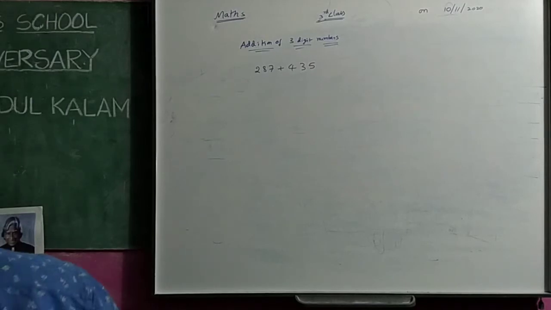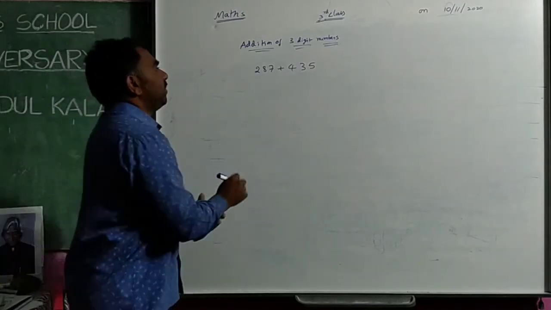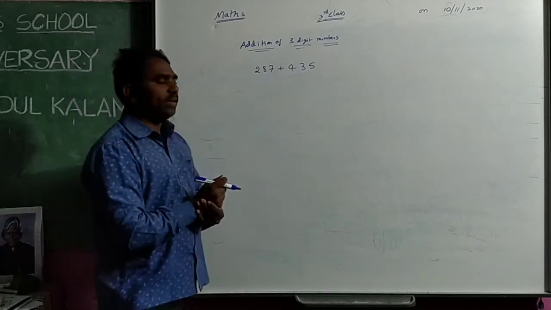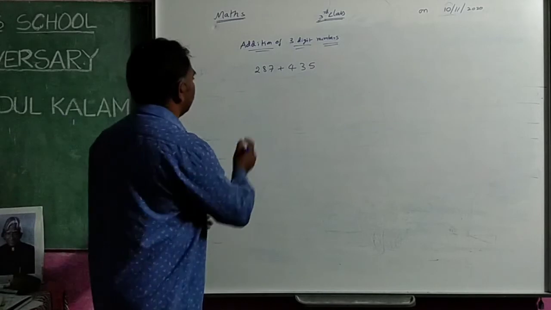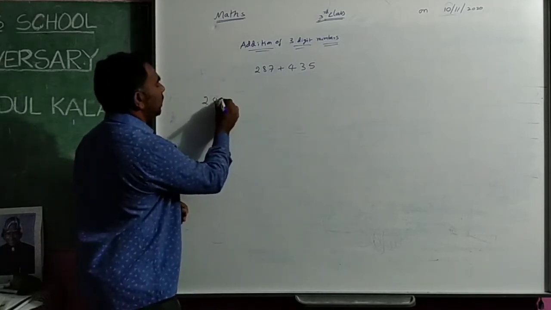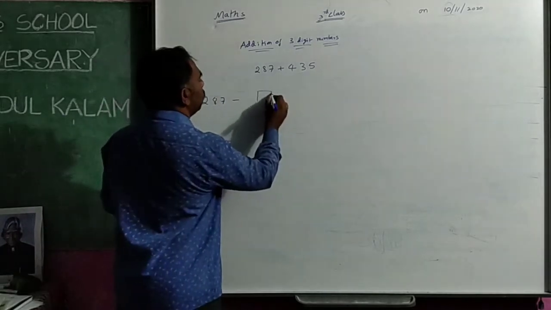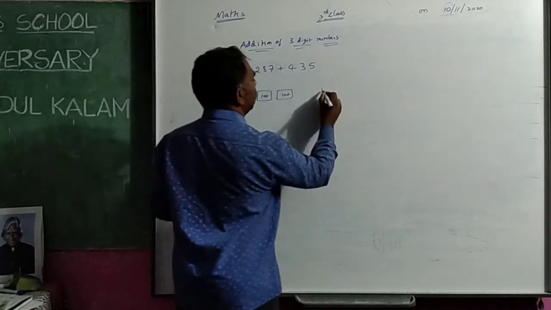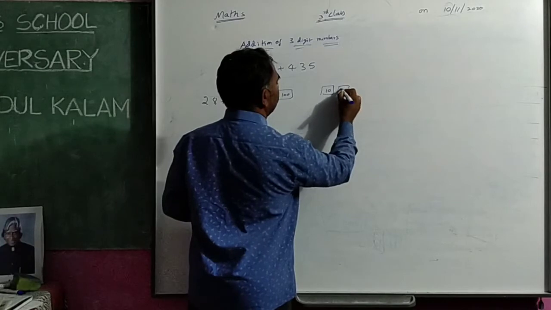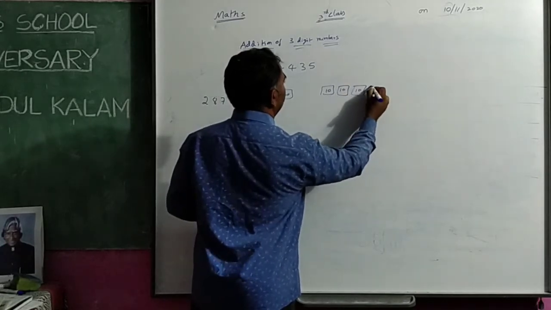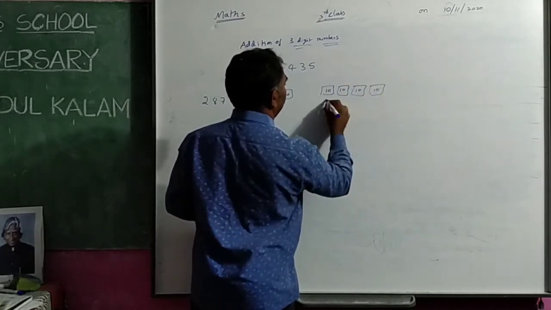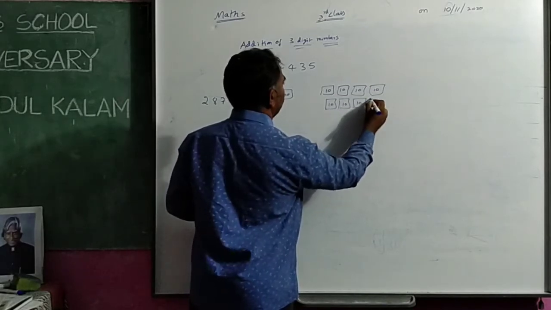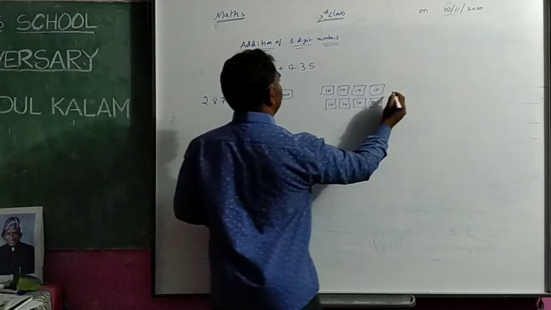Okay, see the second example. 287 plus 435. So first we will write 287 means 2 hundreds, 8 tens, 7 ones.